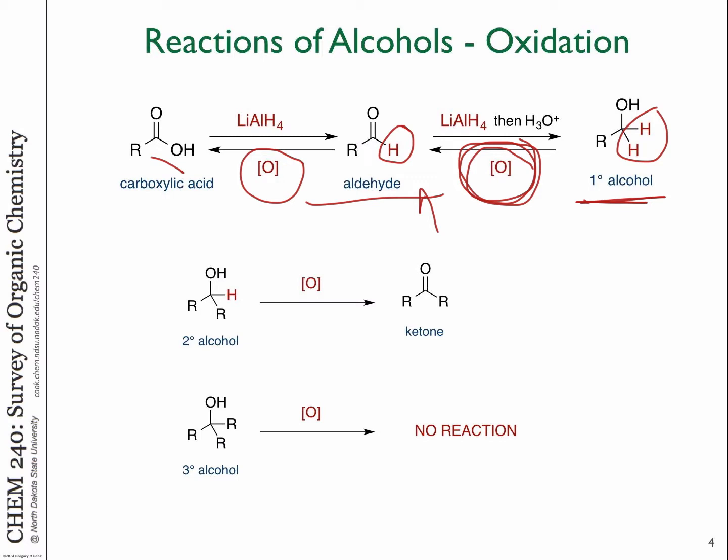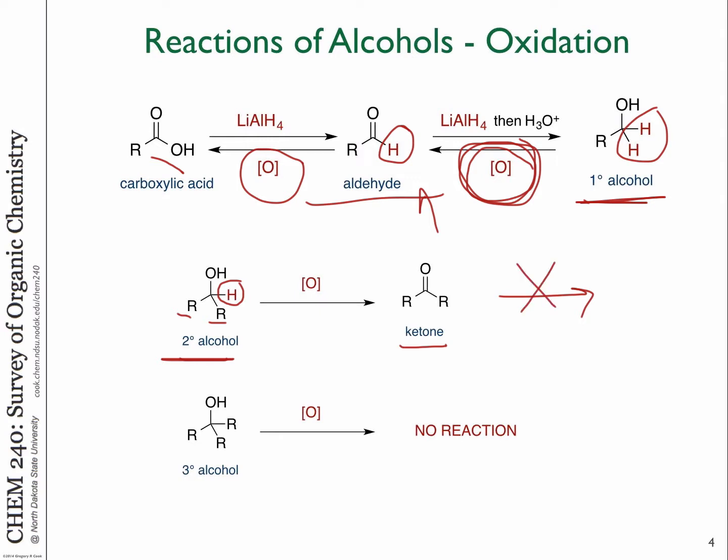Okay. But if you start from a secondary alcohol, where we have 2 carbon groups on there and only 1 hydrogen, there's only a possibility of oxidizing once. Okay, so there's only 1 hydrogen bond to replace with an oxygen bond. So the only way we can go is to a ketone. It can't go any further.